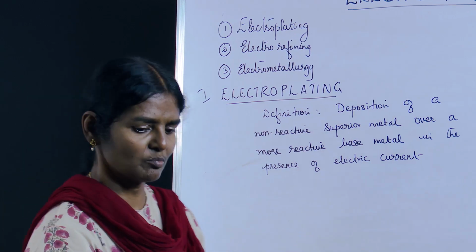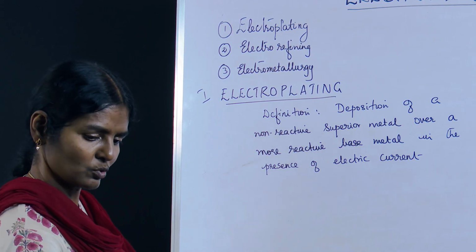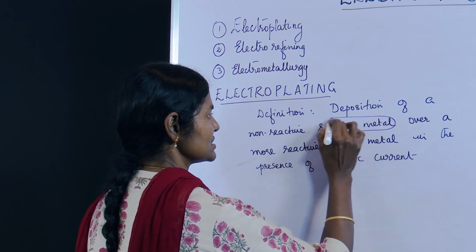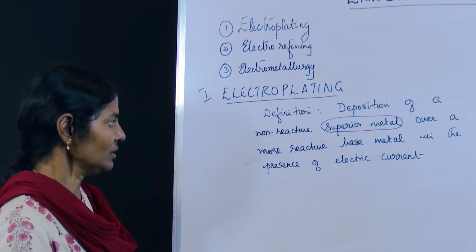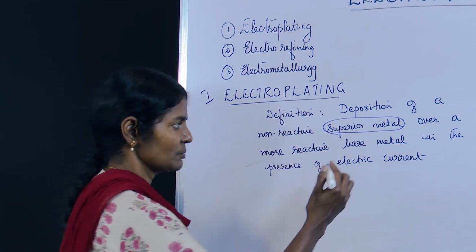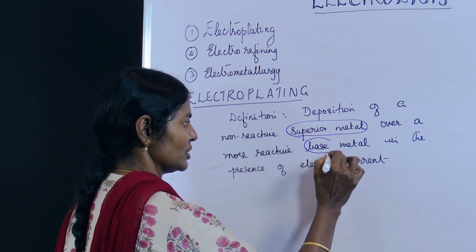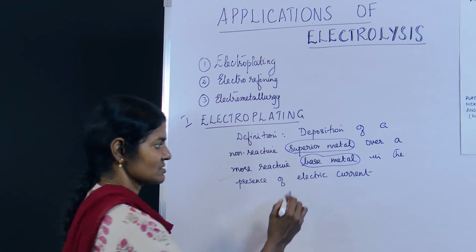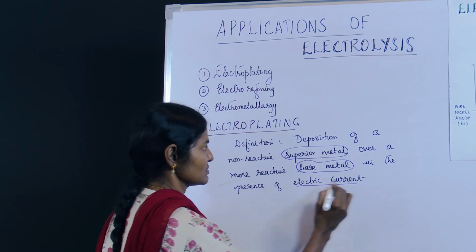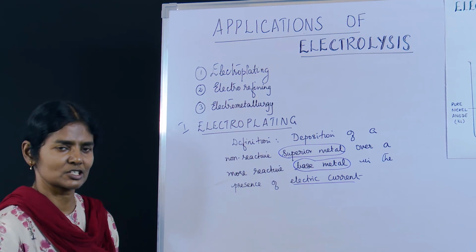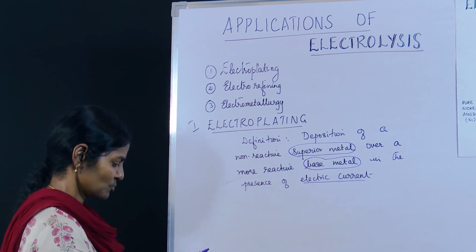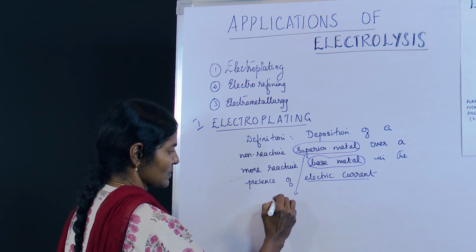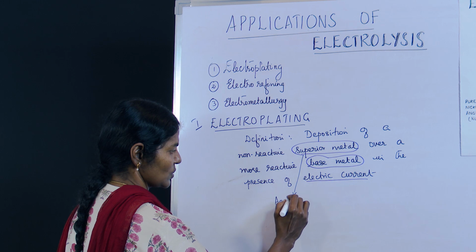So what are the important things that we need to make a note of? A superior metal is involved, and it is coated over a base metal in the presence of electric current. This only is called electroplating. Usually the superior metals could be of different types, say silver and gold.